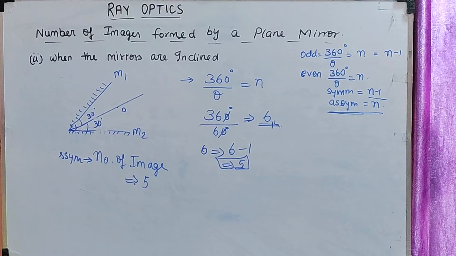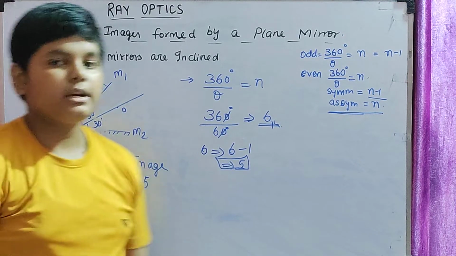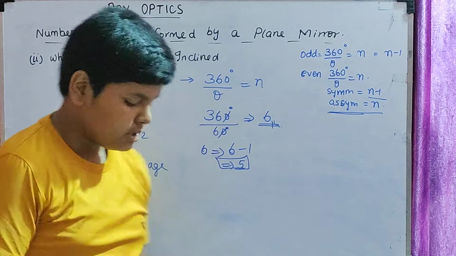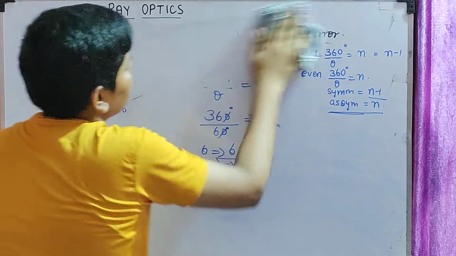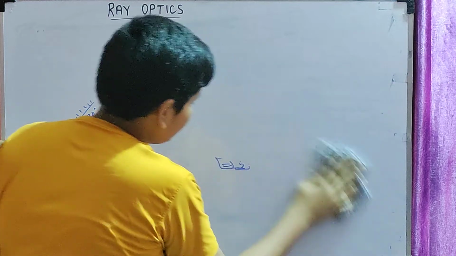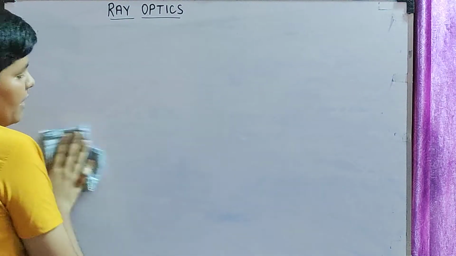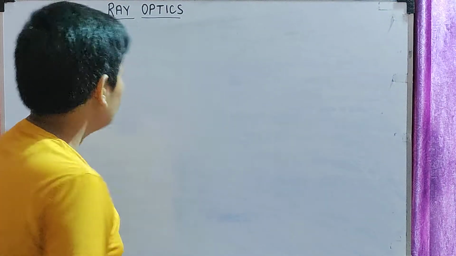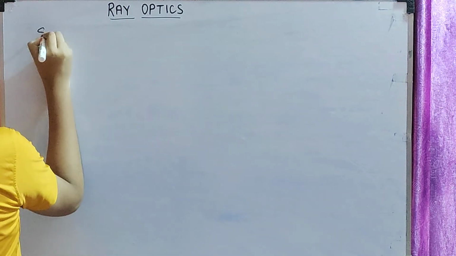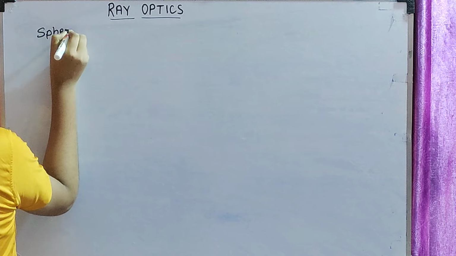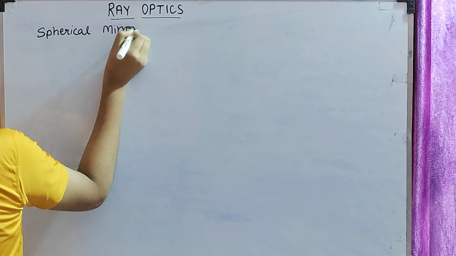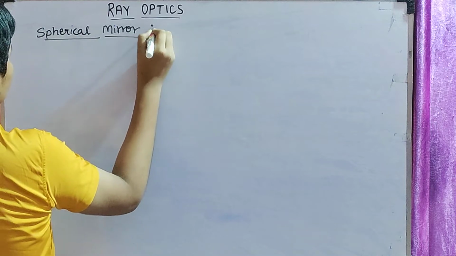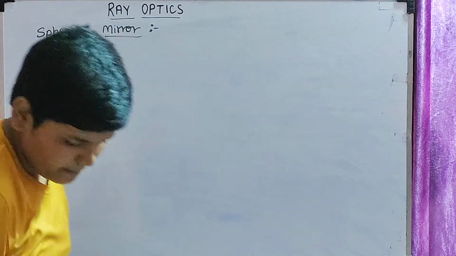Now we are going to start another topic over here, which is spherical mirror. So let us see the spherical mirror. Now what are spherical mirrors? The mirrors which are formed by cutting off one part of a sphere.